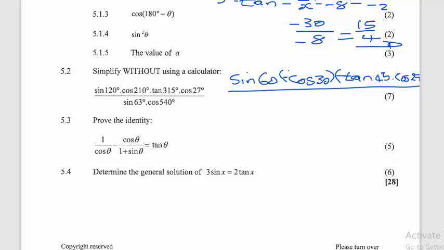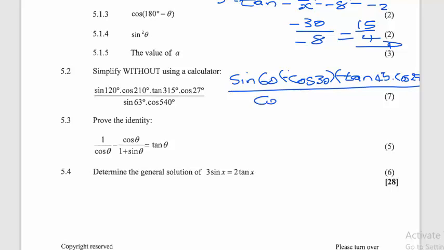So let me start off with this cos 540, because I'm going to change this. So cos 540 becomes, what is 540 minus 360? That's 180.